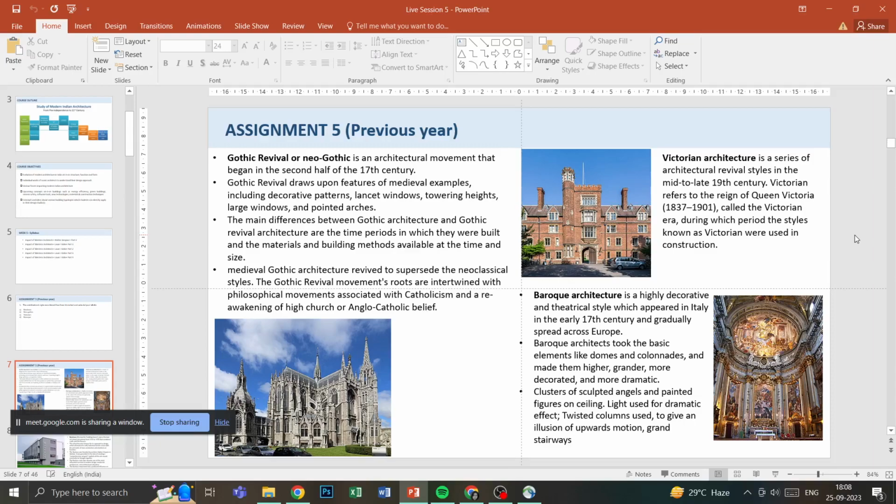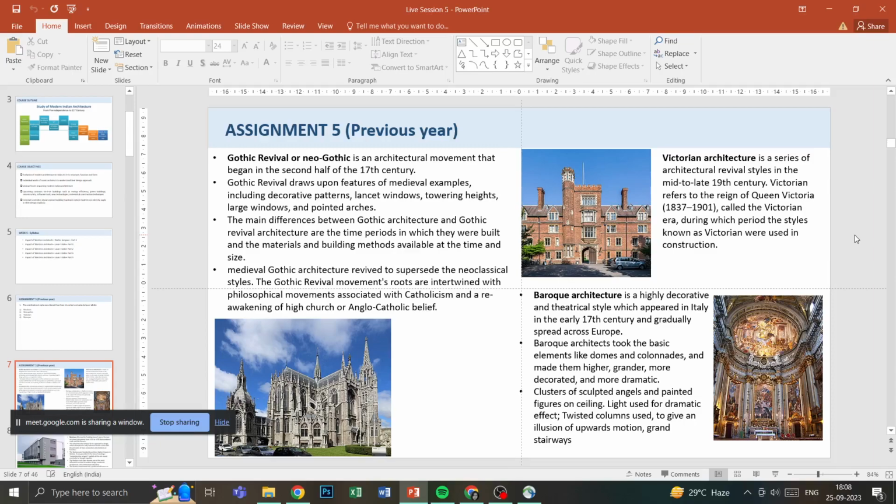Medieval Gothic architecture was revived to supersede the neoclassical style, and the Gothic Revival movement's roots are intertwined with philosophical movements associated with Catholicism. So what happened was, when neoclassicism was on the rise, there was the notion that neoclassicism was being associated with liberalism.